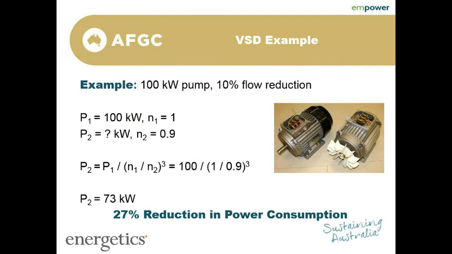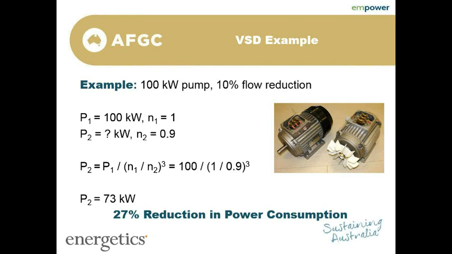So we've got a 100 kilowatt pump, and we install the VSD and then reduce the speed by 10%. In that initial case, it's running at 100%, so it's using 100 kilowatts. There'll be some losses and other factors in there, but generally speaking, say 100 kilowatts, and the speed is 1 or 100%. Then we install the VSD and reduce our N2, our speed, down to 90%, so a 10% reduction.